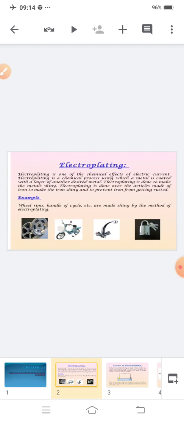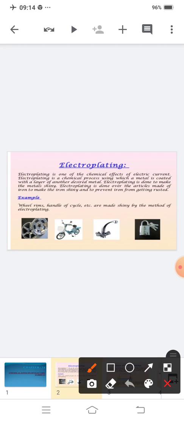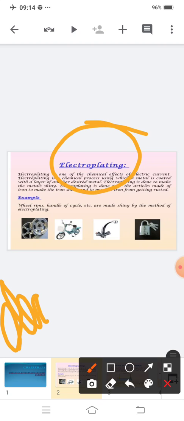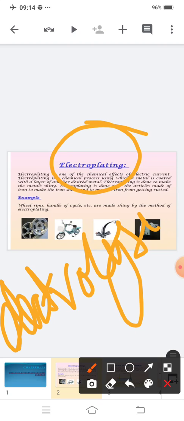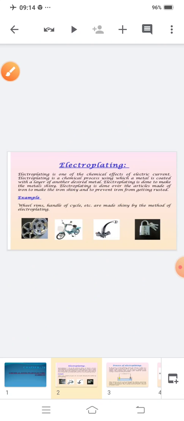Basically, electroplating is one of the most important applications of electrolysis. I told you the use of electrolysis: it is used in electroplating. So electroplating is an application of electrolysis.